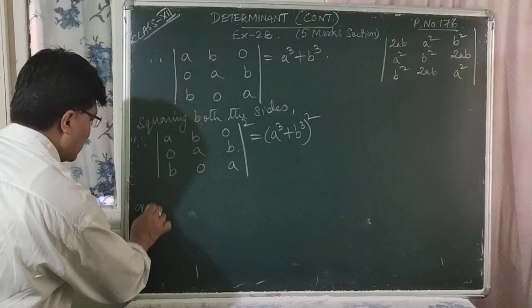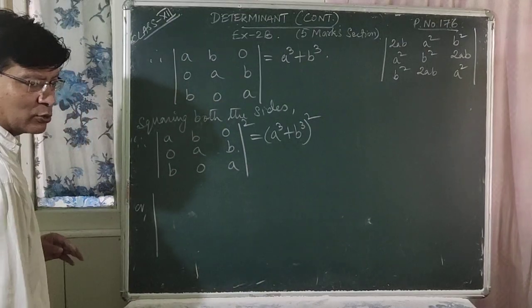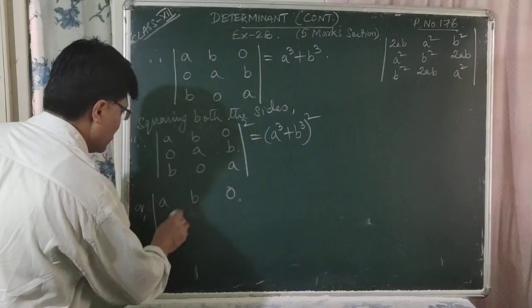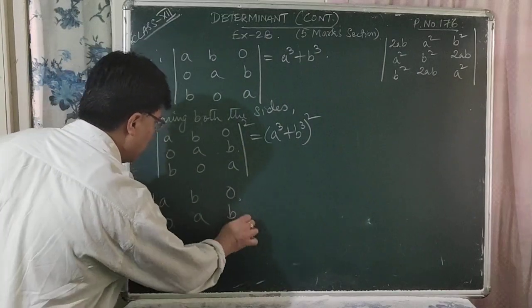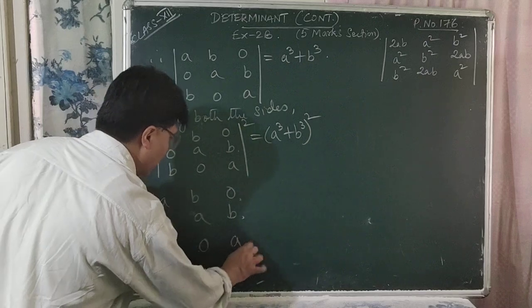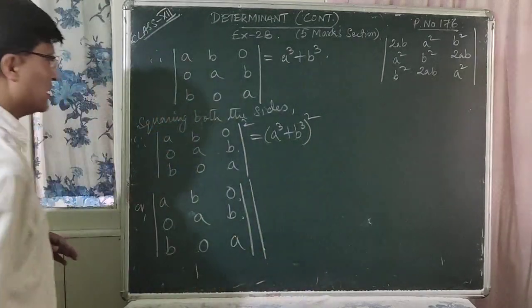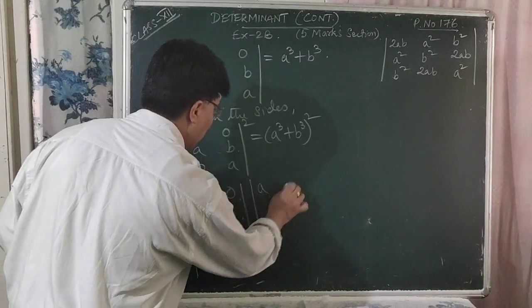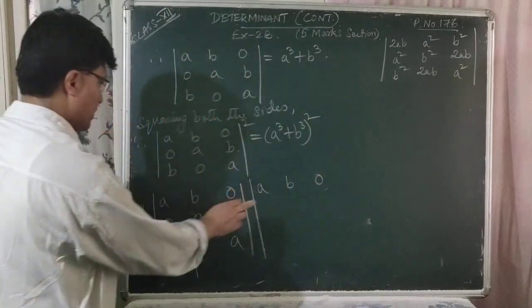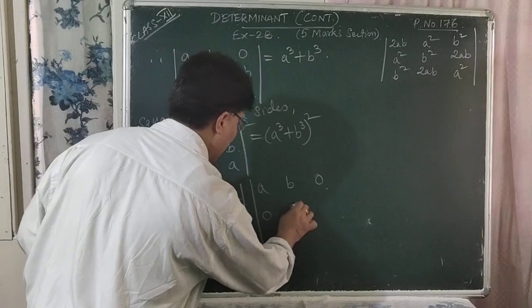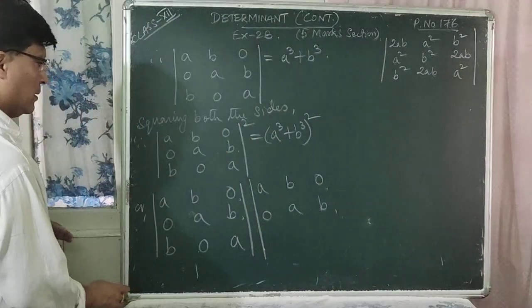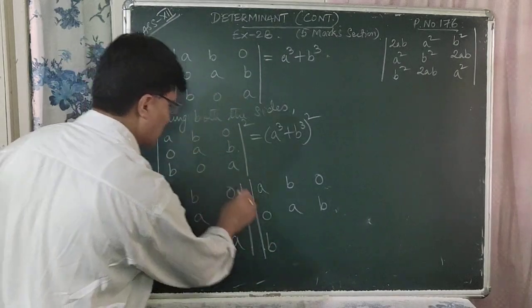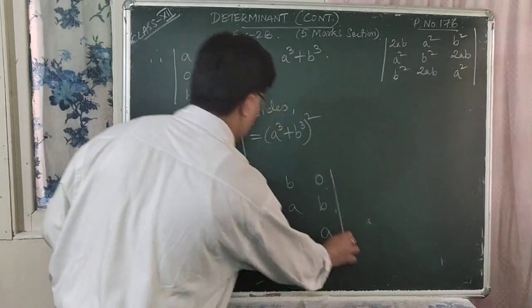So what is whole square? You have to write down two determinants. AB0, 0AB, B0A. Again you have to write AB0, 0AB, B0A.